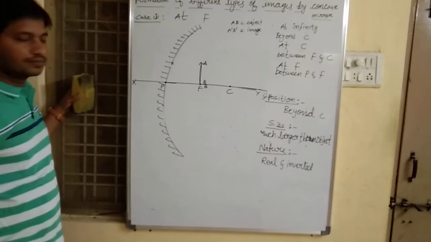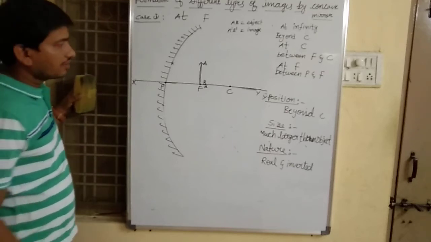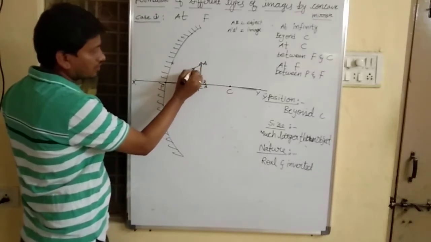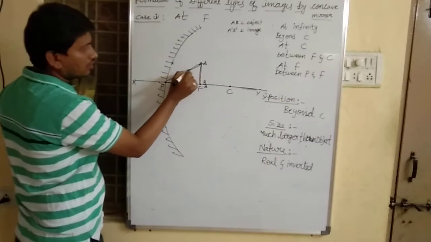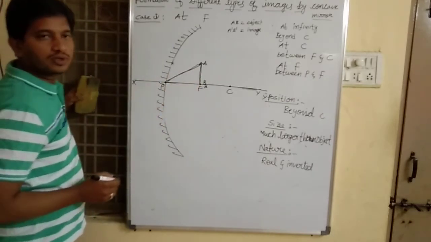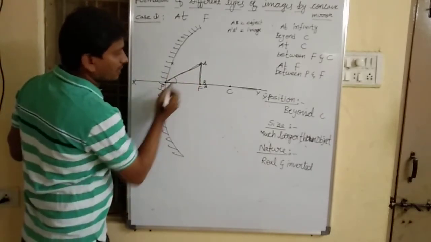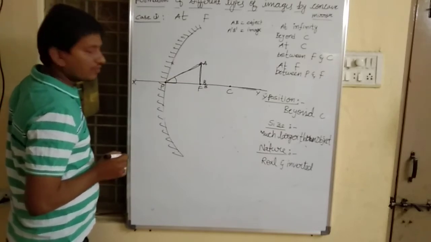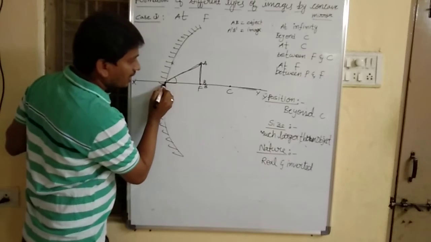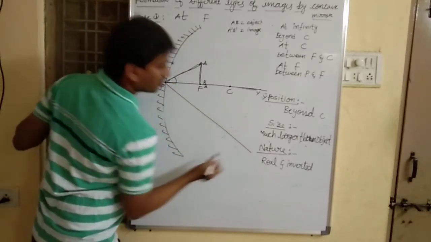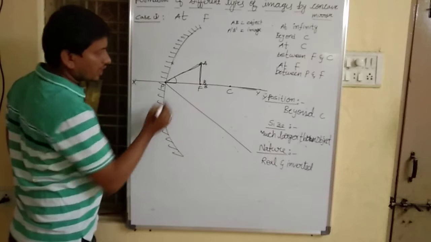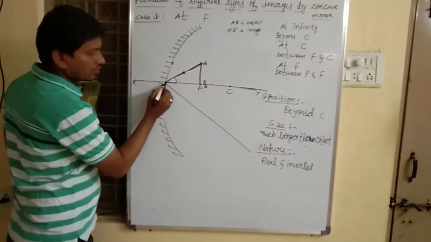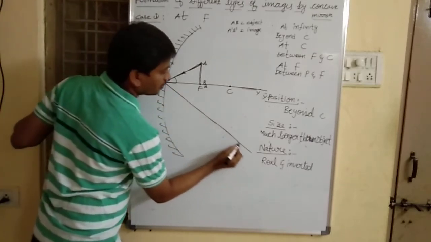So, first ray: a ray of light which is incident at the pole, which makes a certain angle with the principal axis. After reflection, it makes the same angle with the principal axis. Okay, so this is my first incident ray and this is my first reflected ray.